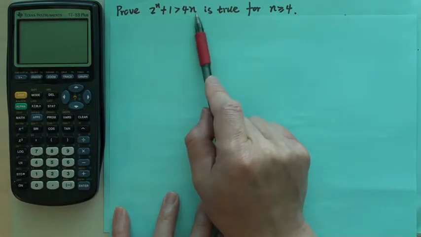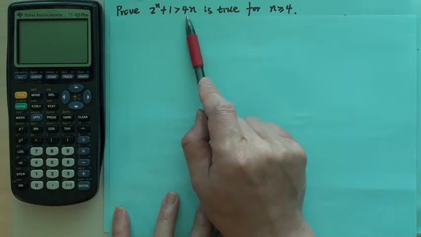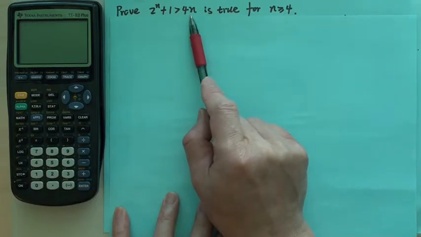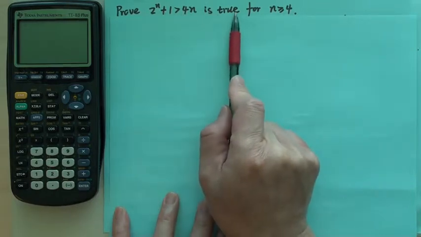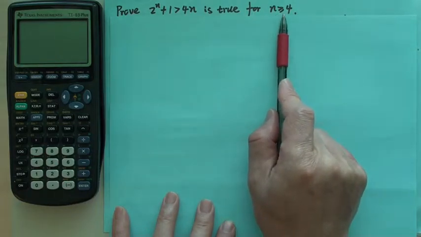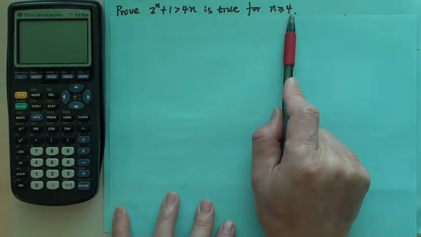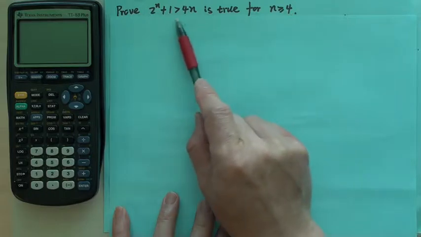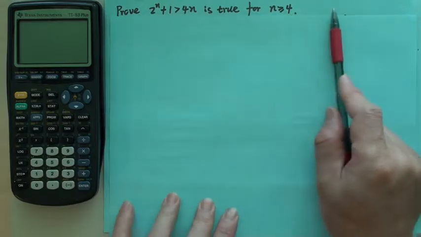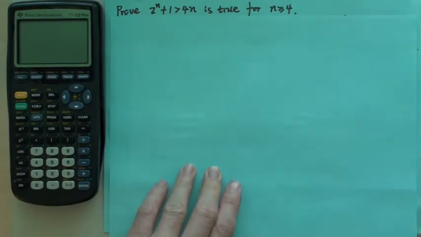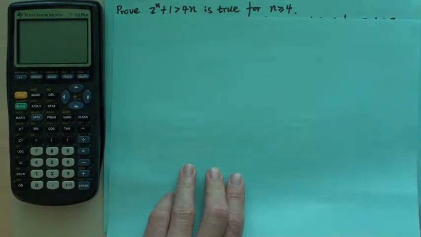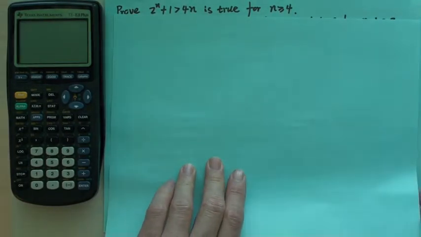This is an inequality, not an identity or equation, and it is true for n greater than or equal to 4. It may not be true for n equals 1, 2, 3. Okay, so that's a new thing.